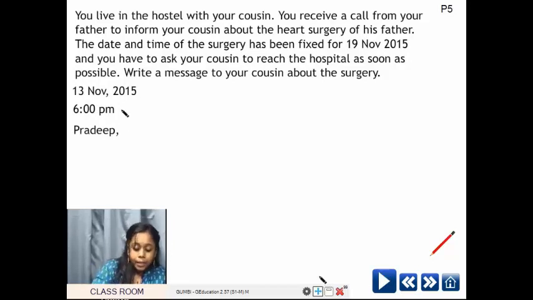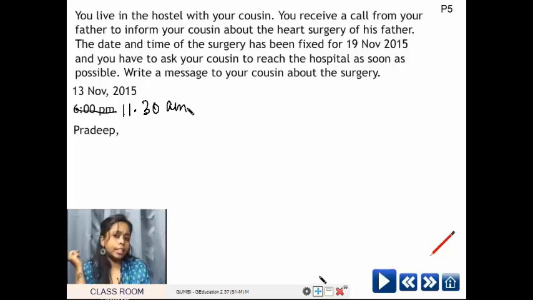The time can be anytime you like, but now I am writing the message, so it is 11:30 we told. So the cousin's name is Pradeep. Now what comes next? Date is over, time is over. Then we have already mentioned the name of the person to whom the message is being written. What comes next, students? Come on.